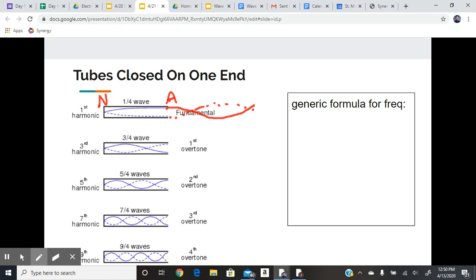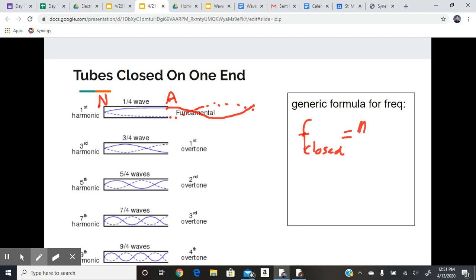Okay, so the way that this changes our equation, the only difference is instead of our fundamental being half of a wavelength, now it is 1/4 of a wavelength. This will be my frequency on a closed tube. And this is on your equation sheet as well.